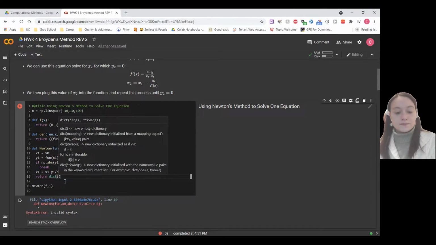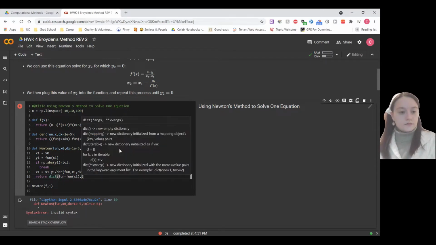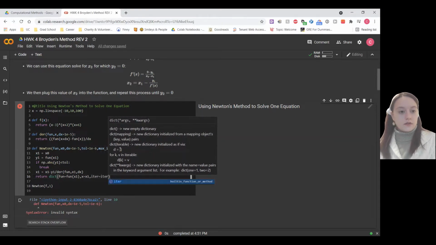So we'll have n is equal to the function of x1, and x is equal to x1, and our number of iterations is equal to iter.